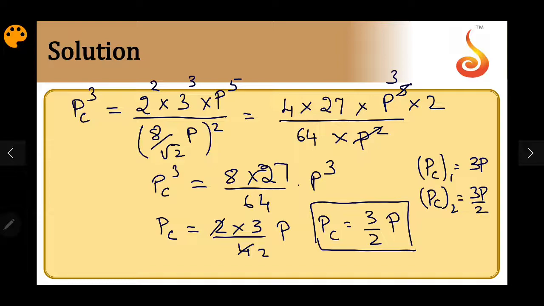So the ratio will be 3P is to 3P by 2, or I can write it as 1 is to half, or 2 is to 1.